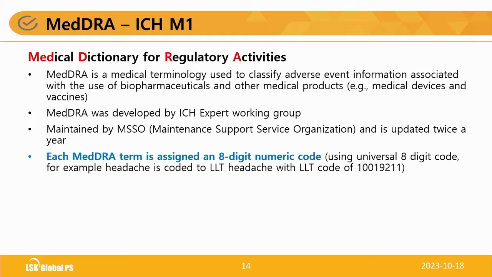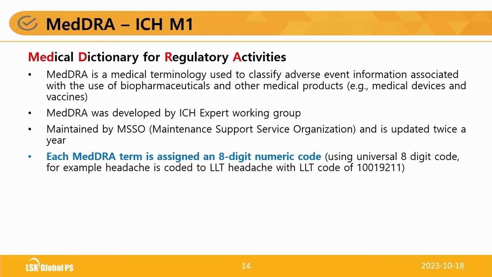Each MedDRA term is assigned an 8-digit numeric code. For example, the term headache, if that is reported, then the LLT would be headache, and it would be assigned the code 100192111. And in the E2B R3 file, we would have only the information 100192111 instead of headache.